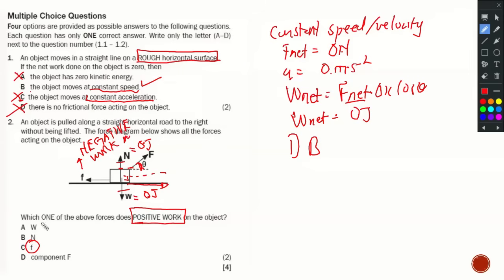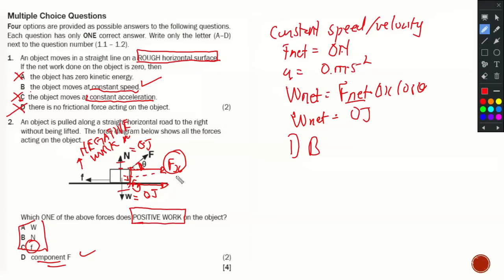So obviously, if these are not the options, then it has to be D, the component of F. Remember, the component of F is the one that will go horizontally. So we assume that the component of F that they're speaking about is one of these components, which should be Fx. We have Fx and Fy. Fy also does not do any work because it is perpendicular. So it has to be Fx that does work.